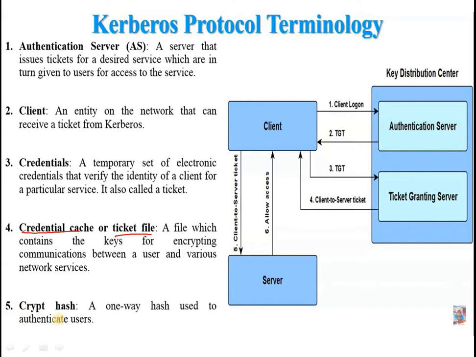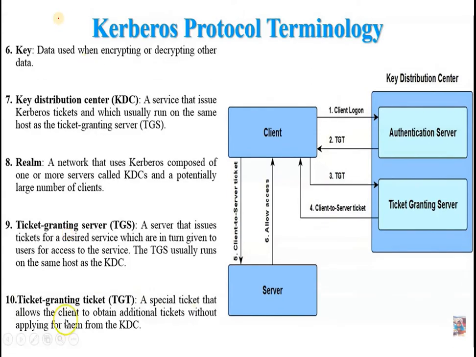Next, crypt hash, a one-way hash used to authenticate the user. It is a hash function which generates a hash code, and we use this hash code to authenticate the user. Next, key: data used when encrypting or decrypting other data. We use the key when we want to encrypt or decrypt other data.